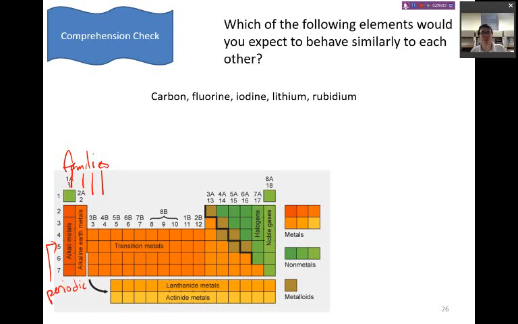The properties occur periodically, which is why we call it a periodic table, and it occurs only so often as we get back to the same family.